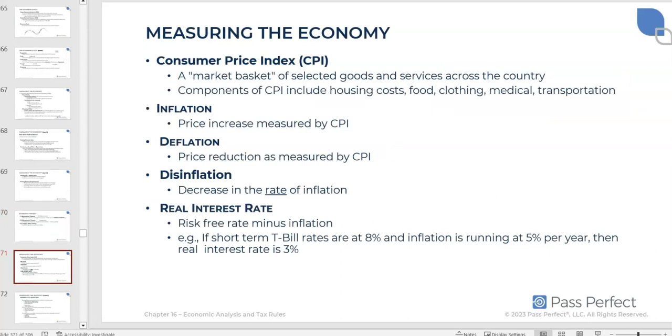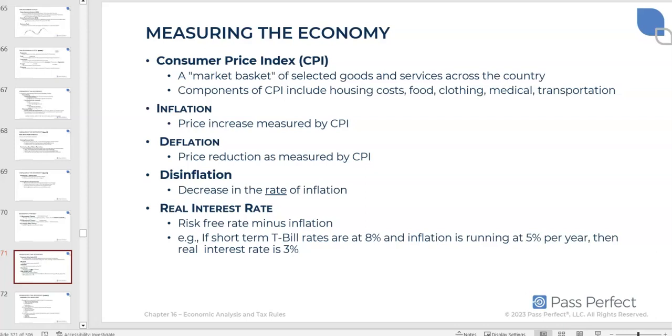Okay, more ways to look at the economy. One thing we look at to measure inflation is the Consumer Price Index, CPI. What the Consumer Price Index does is take a list of different goods and services that lots of people buy and compare their prices over a period of time. They use that as the standard measurement of inflation.